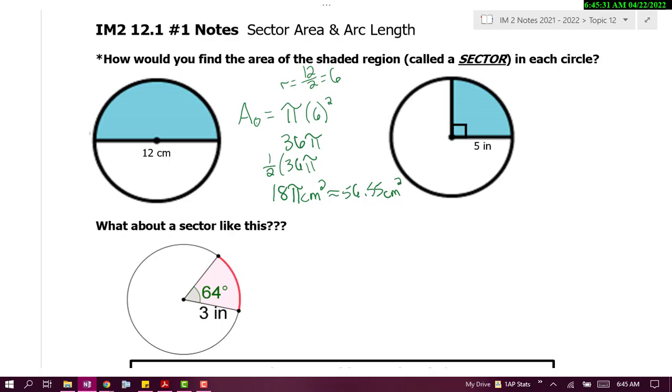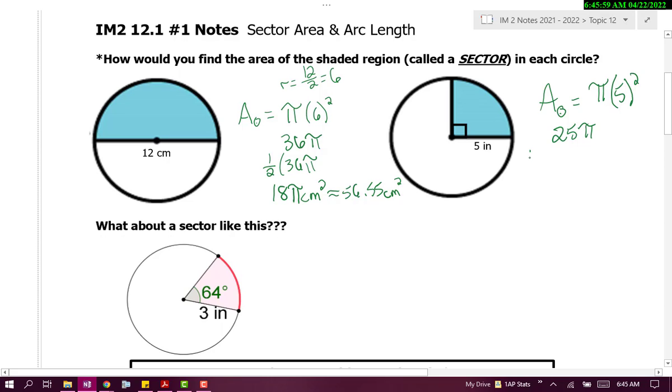Now looking at the second one, we can do something very similar. Either way, we need to find the area of the circle first. So it's pi r squared, so it's 25 pi inches squared. I don't want to worry about units yet. Now, how much of the circle is shaded in? Well, if you made that thing 3 more times, it would make up the whole circle.